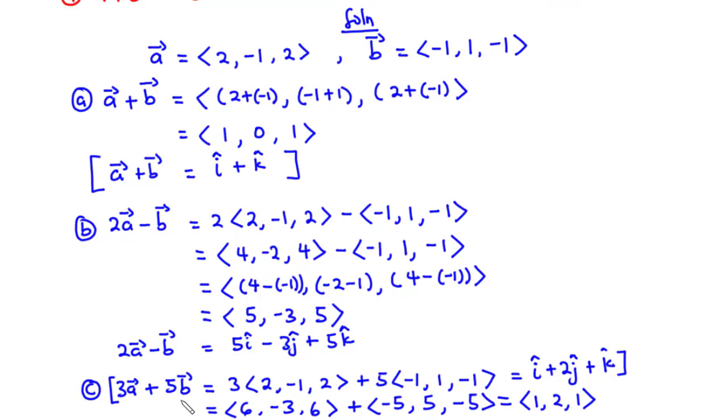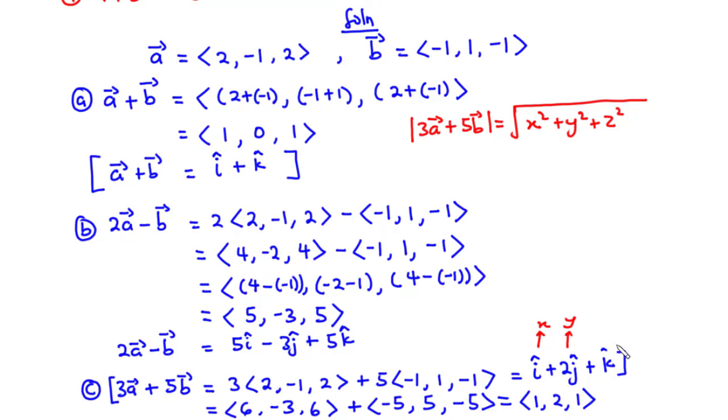Now let's find the magnitude of this vector. The magnitude of vector 3A plus 5B is given as the square root of the x component squared plus the y component squared plus the z component squared. Now we have the x component to be 1, the y component to be 2, and the z component to be 1.